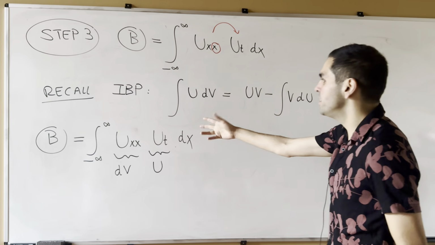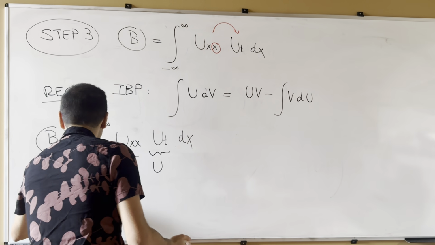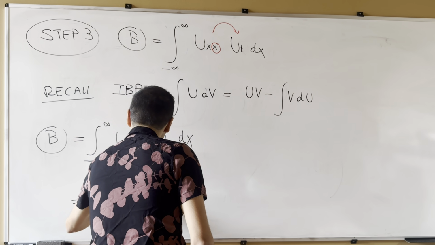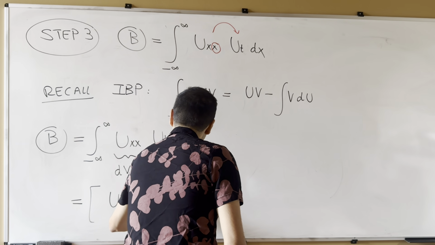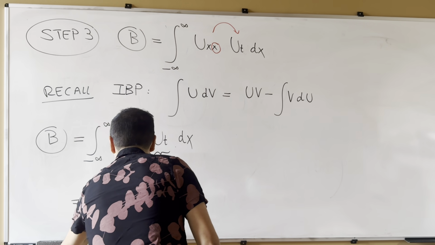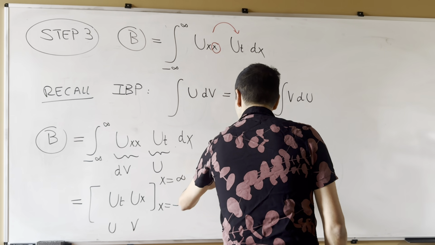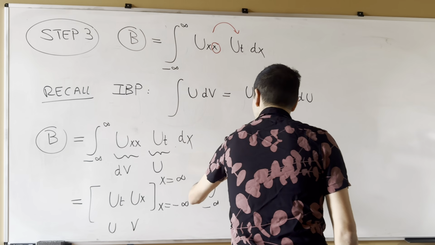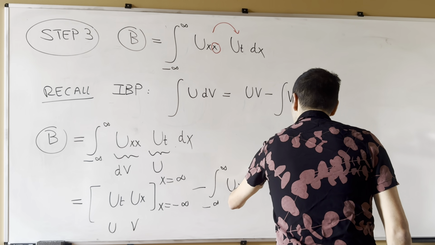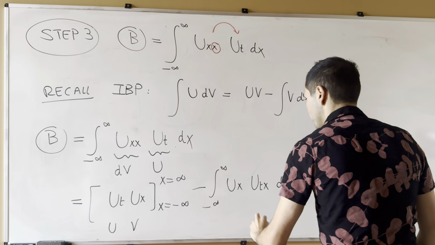And technically dv is uxx dx. And what does this become? Well, now it's uv. So in other words, ut times ux from x equals minus infinity to infinity. So that's kind of our uv. And then minus v du, so minus the integral from minus infinity to infinity of ux and then utx dx. So that's v du.